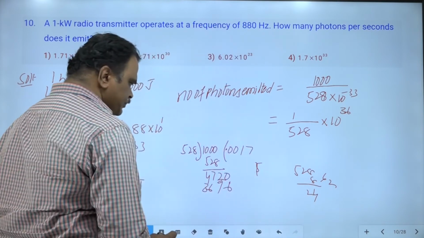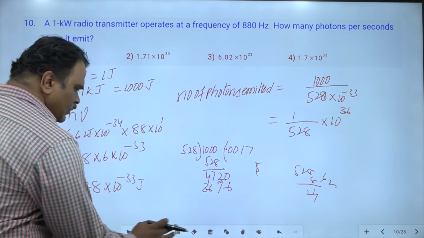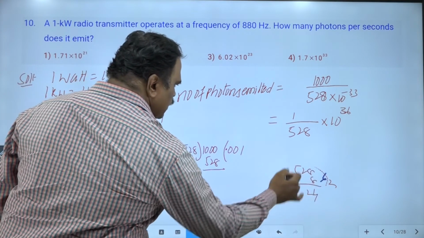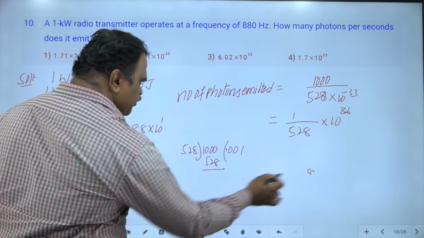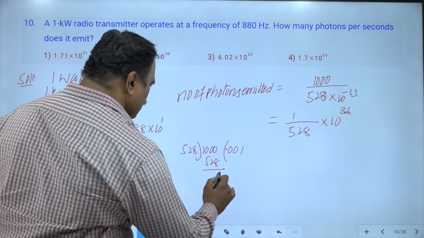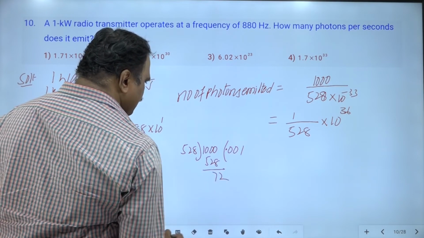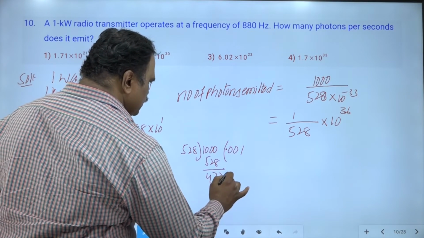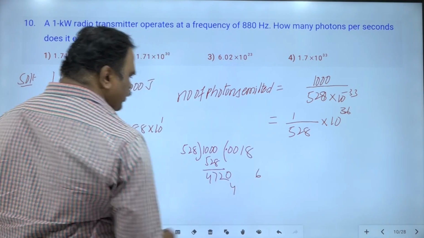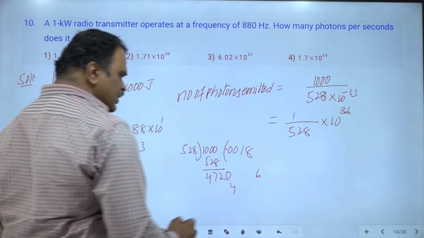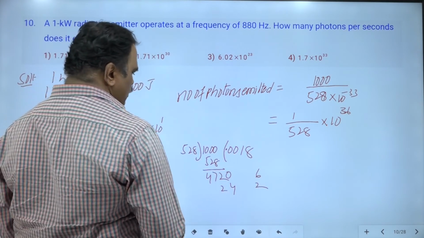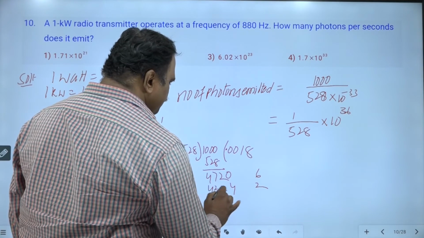So maybe 8. Wait a minute. So 528. Right now 2, 9 lone 7, 4, 0. 8 8s are 64, 8 2s are 16 plus 6, 22, 8 5s are 40 plus 2, 42.